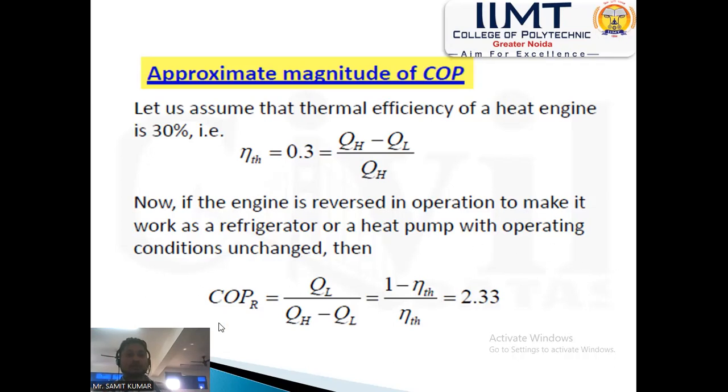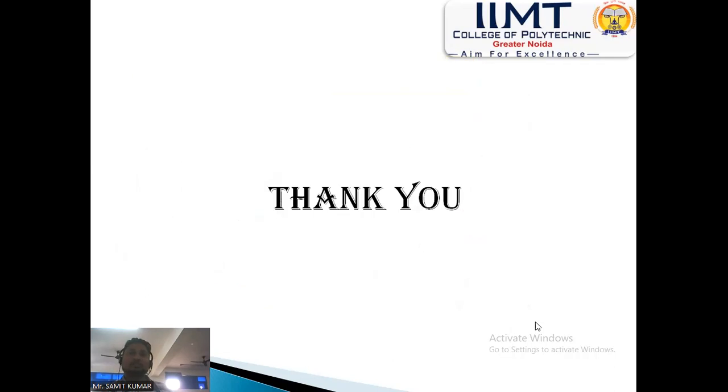If the thermal efficiency of the heat engine is 30%, then using the heat pump relation, COP of heat pump minus COP of refrigerator equals 1, after the calculation we get the COP of the refrigeration system as 2.33.